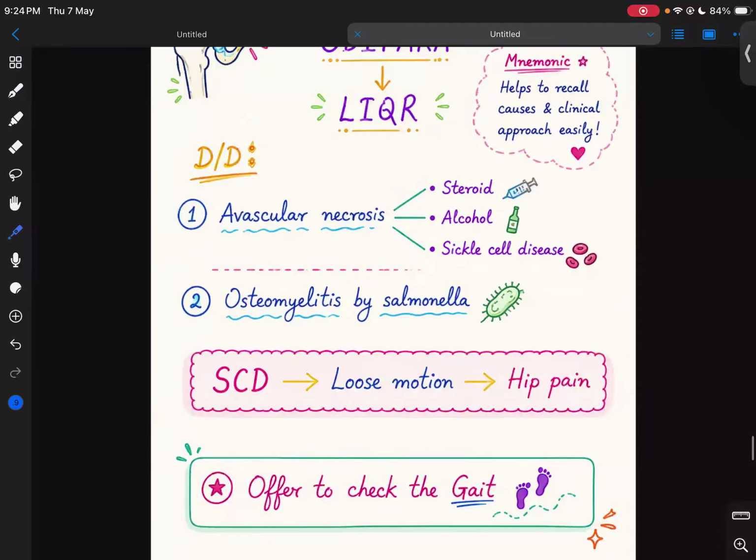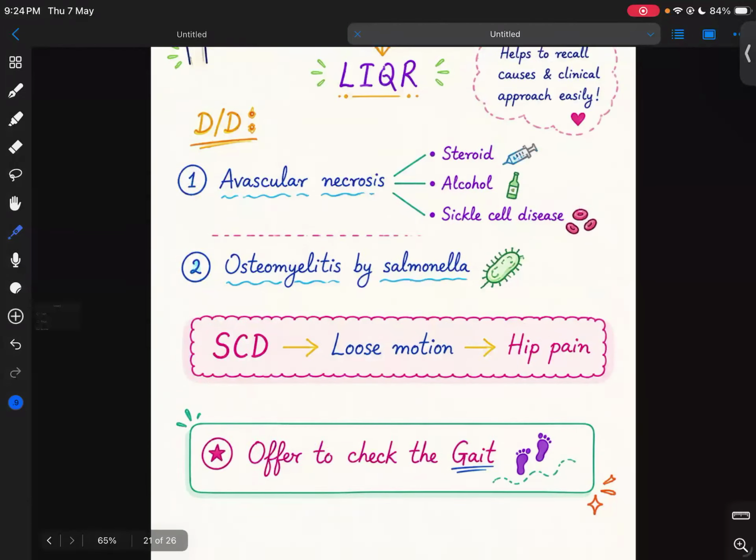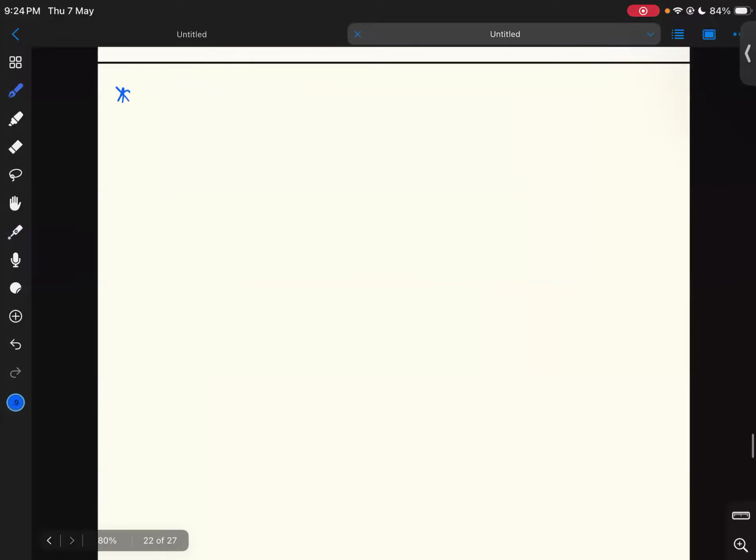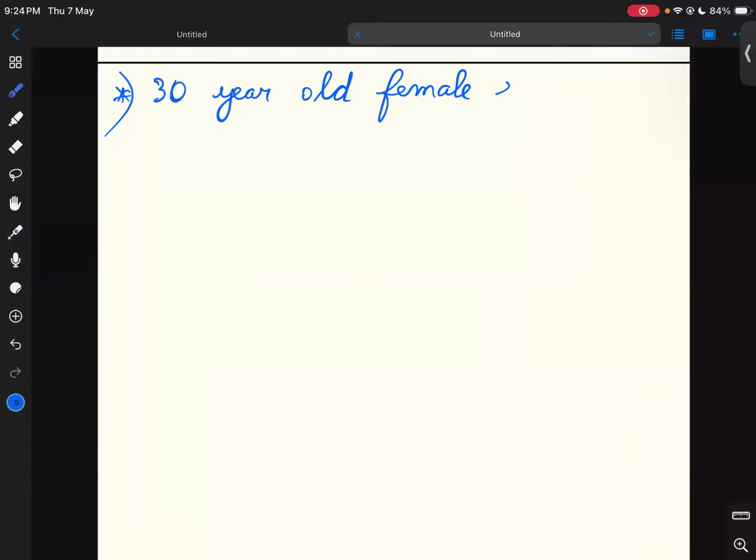Let me give an example. This case actually came at one of the centers. I have forgotten the name. It was a 30-year-old female with hip pain. In the past medical history, she is a diagnosed case of sickle cell disease, and she had a recent episode of loose motion.